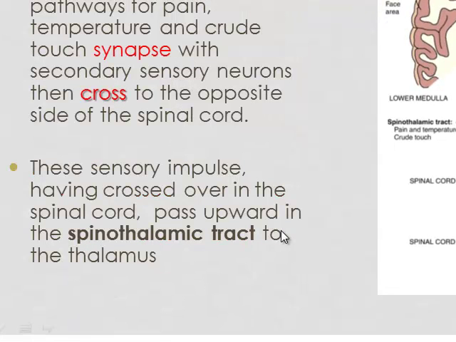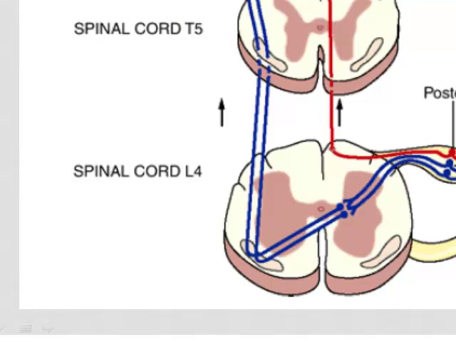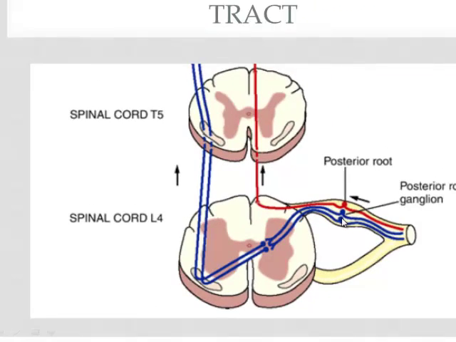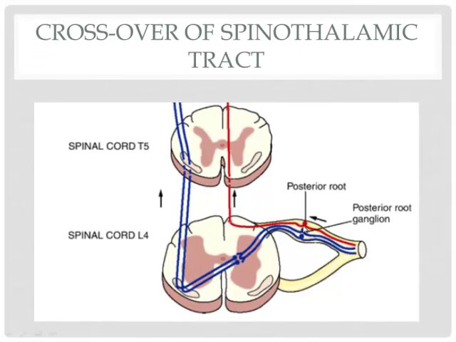So again, keep in mind that pain, temperature, and crude touch cross immediately at the spinal cord and go up through the thalamus. It comes in through the posterior root, and the spinothalamic tract is going to cross and then ascend, versus my dorsal or posterior columns, which ascend immediately.